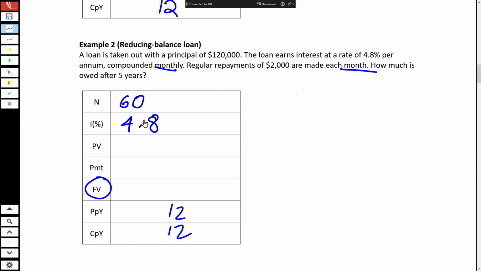The bank is paying me. Yes, I'm getting the money, so positive 120,000. And then the payment is negative 2,000. Why is it negative? Because we're paying it back. We're paying the bank. We're sad because we're giving money away to the bank. Okay, so put the numbers in, see what you get.